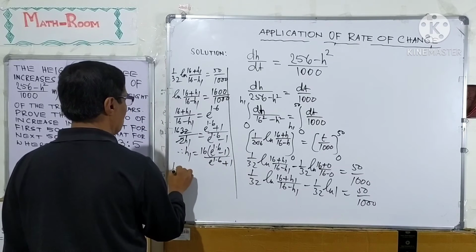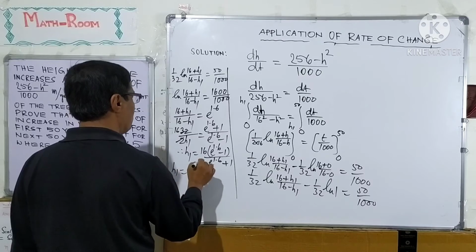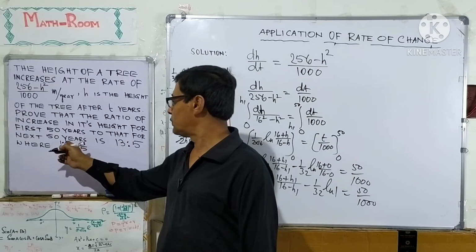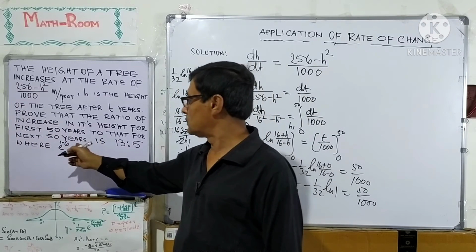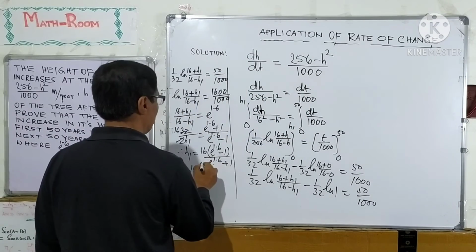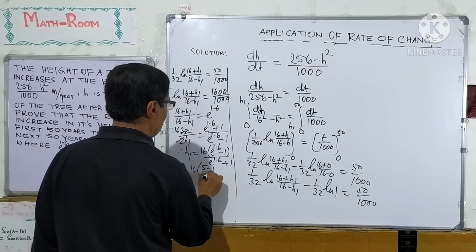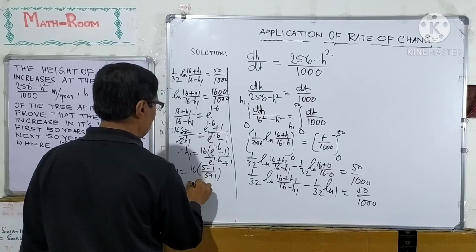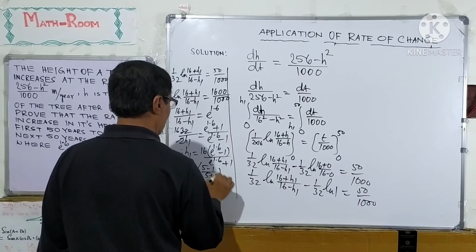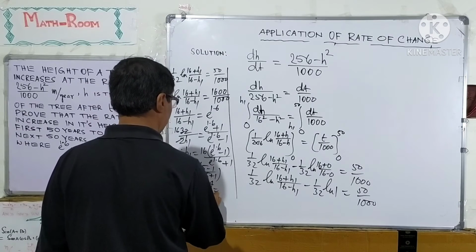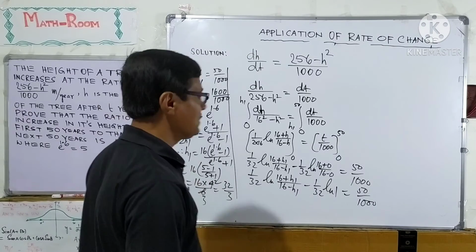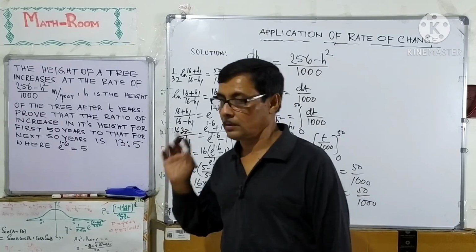Here the value of e to the power 1.6 is given as 5, so we put this value: h1 equals 16 into (5 minus 1) over (5 plus 1), equal to 16 into 4 over 6, which is 32 over 3. So h1 is 32 over 3.